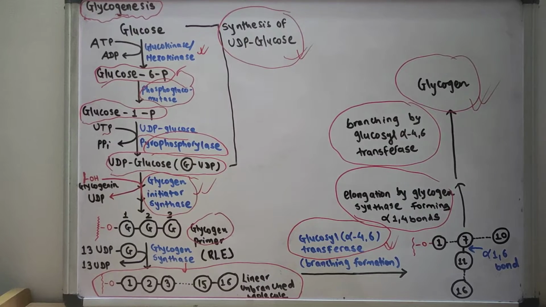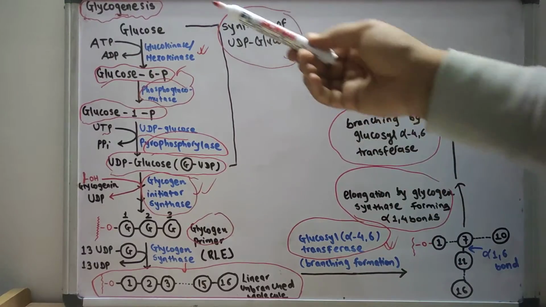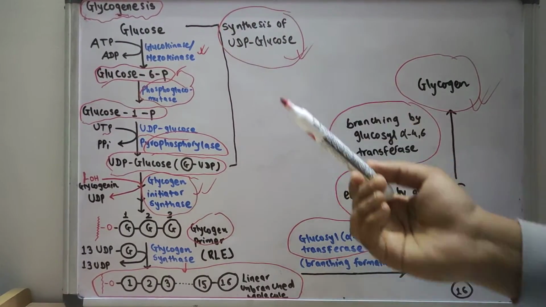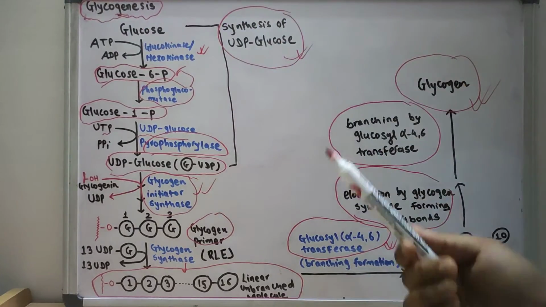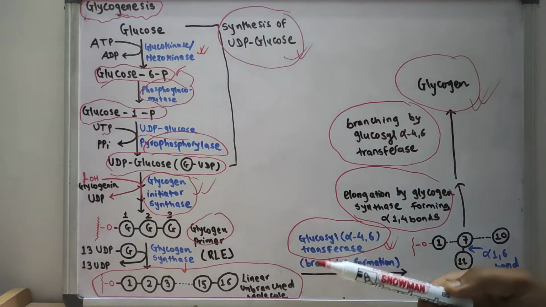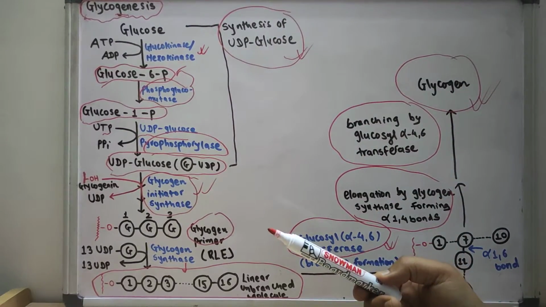So I have discussed the formation of glycogen in brief. Again, I am going to tell you the reactions in glycogenesis. Glucose 6-phosphate is formed with the help of glucokinase or hexokinase with the use of 1 ATP. From glucose 6-phosphate, glucose 1-phosphate is formed by the enzyme phosphoglucomutase.